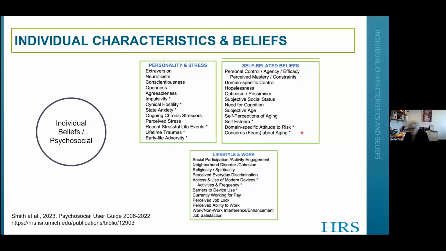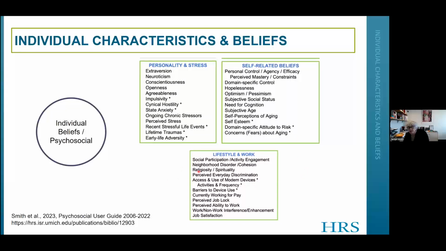And fears or concerns about aging. Obviously, we have many older people, and that's also an interesting aspect in terms of if you're fearing being a burden on somebody. Do you take some sort of preventative health aspects?